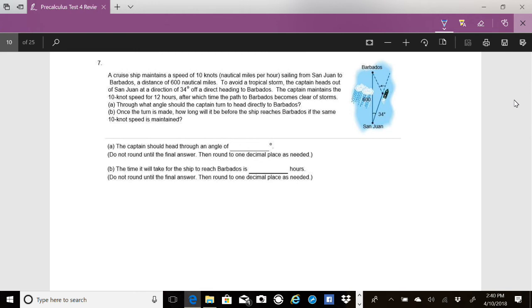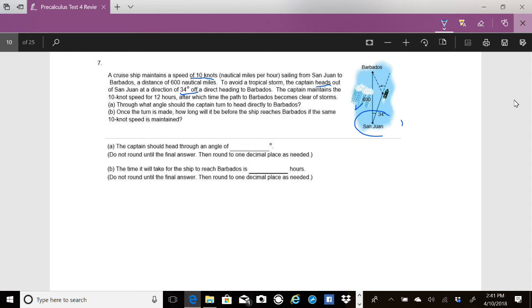Now we have an application here where a cruise ship is going at a speed of 10 knots, sailing from San Juan to Barbados, a distance of 600 miles. Turns out there's a tropical storm, so the captain heads out in a direction 34 degrees off a direct heading to Barbados.